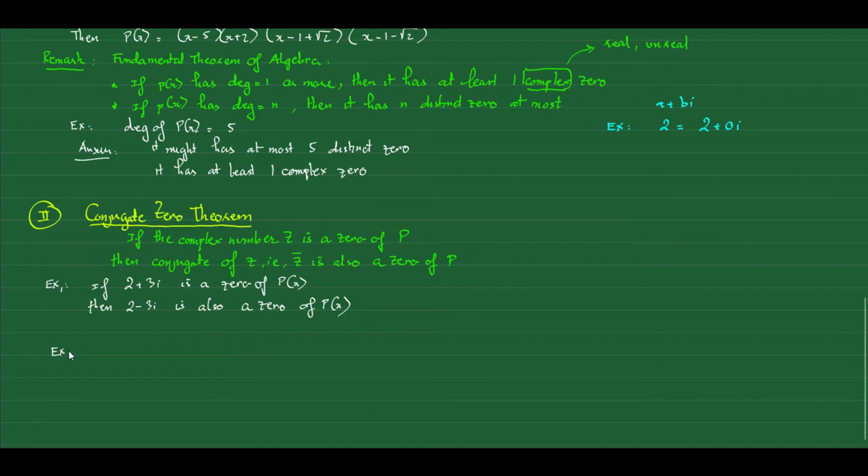But let's do another one. What if I have something like this? I have p of x equal to x to the 4 plus 2x squared minus 8, and I want to factor this completely.